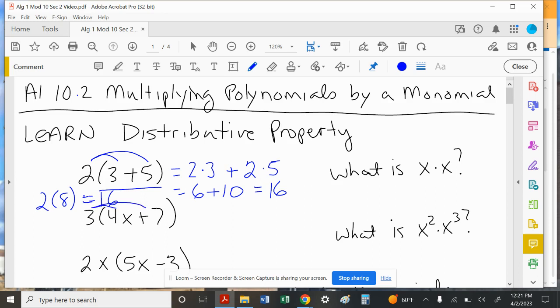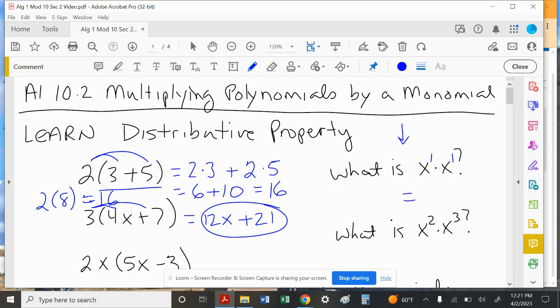Okay, so now we're going to multiply those through. If I multiply 3 times 4x, we just multiply the numbers, so that becomes 12x. And then 3 times 7 is 21, so we end up with 12x plus 21. Now we're going over to this side. What is x times x? If we have x times x, both of those are to the first power.